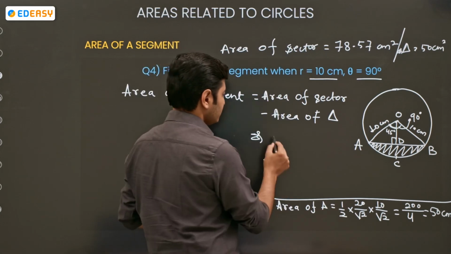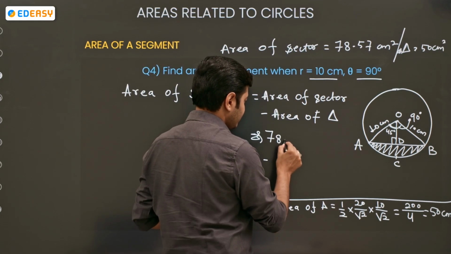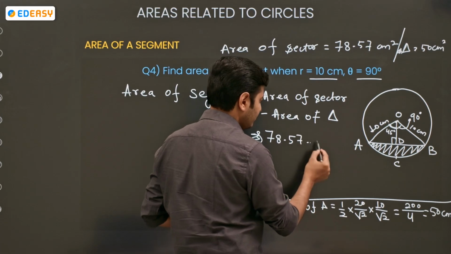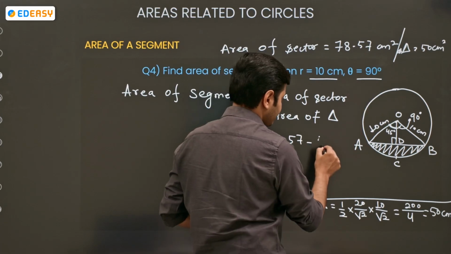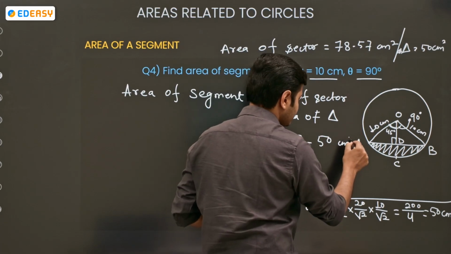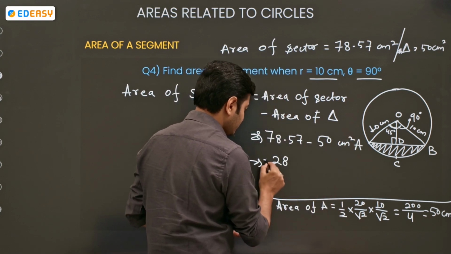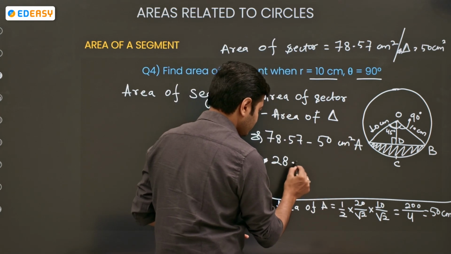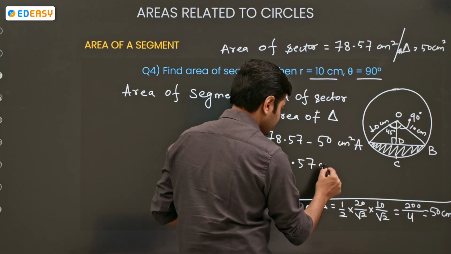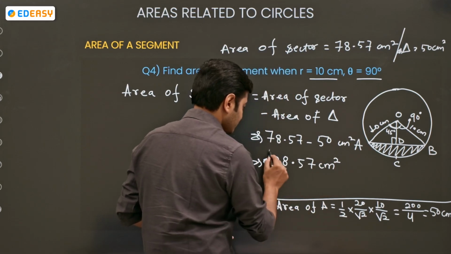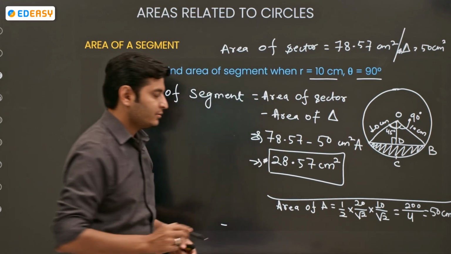Area of segment, 78.57 minus area of triangle 50 centimeter square. So this is going to give us 28.57 centimeter square. So this is your final answer.